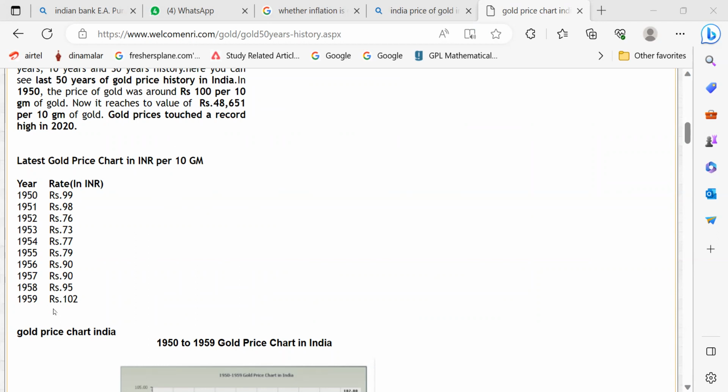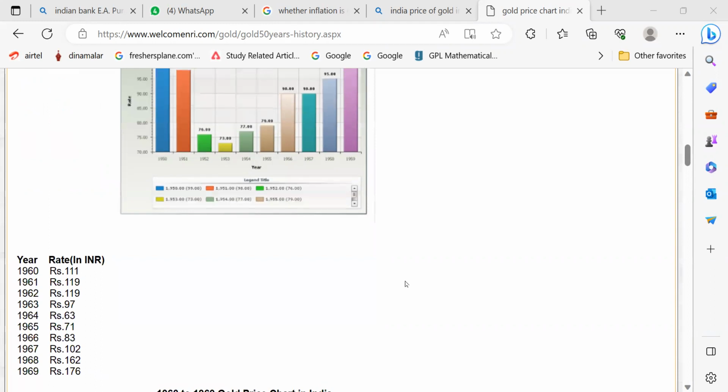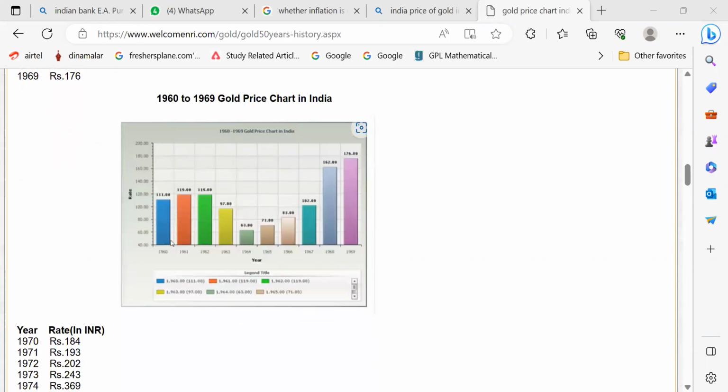The price in 1959 was 102 rupees, that is 1 gram cost only 10 rupees. The same price now is 5,000. In 1969, 176 rupees for 10 gram, so 1 gram is equal to 17.6 rupees.